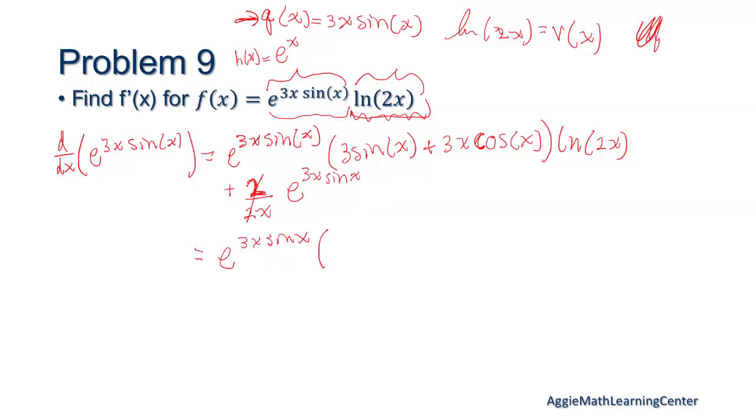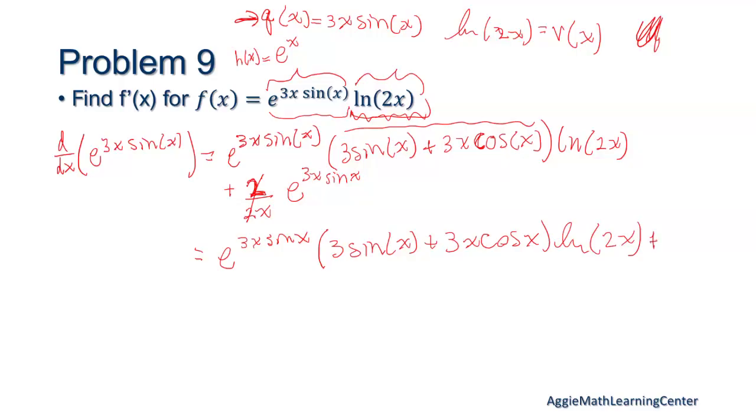Okay, so that guy's pulled out. So now we have left 3 sine of x plus 3x cosine x ln 2x plus, holy cow, 1 over x.